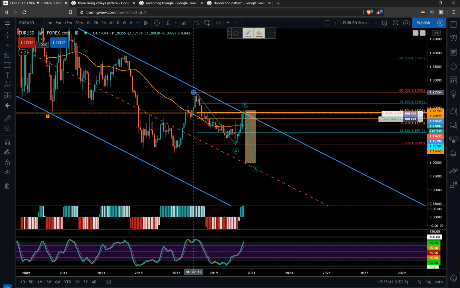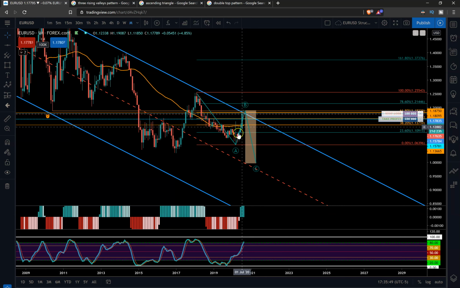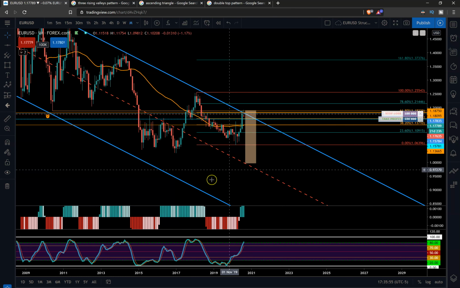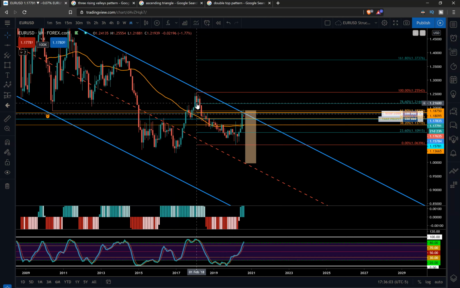So A equals C. Boom. A equals C. So if the price reverses and goes down, this is about 1900 pips. This could take months. Period. Months. This A wave was from February 2018 to March 2020.